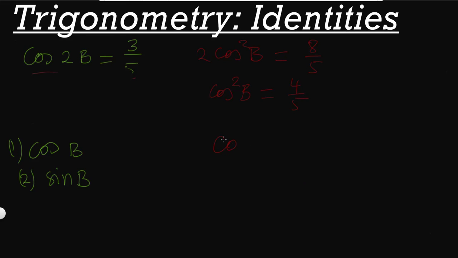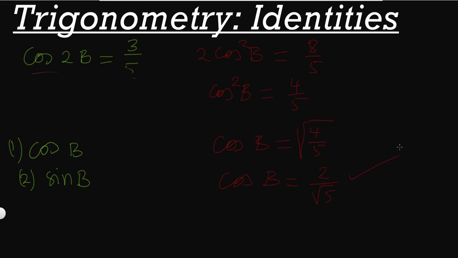So cos beta will be the square root of 4 over 5, taking the square root of both sides. So cos beta will give you 2 over root 5. So that is the answer.